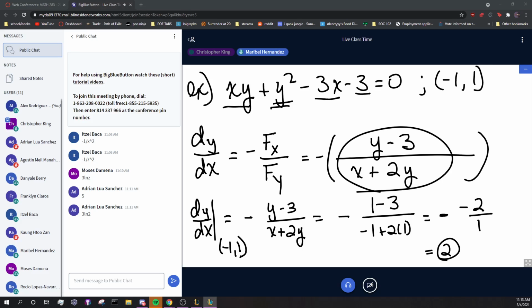Now I understand. Yeah. So basically, it's a shortcut for us for doing implicit differentiation, so that we don't have to go through that long route we learned in Calc 1. Okay. Any other questions?